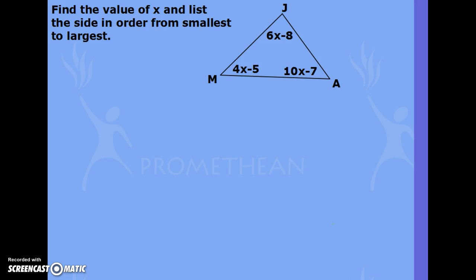Okay, in the last example here, we have a problem. With the triangle JMA, the three angles are labeled with expressions. And then we need to arrange the sides from the smallest to the largest. So if we know three angles in a triangle, we're always going to think about the triangle sum theorem. So the equation for this will be adding all three angles to 180 degrees.